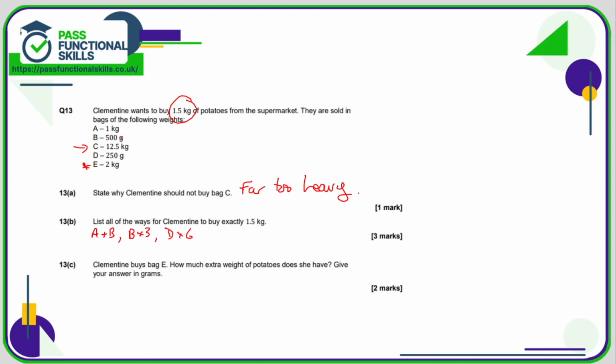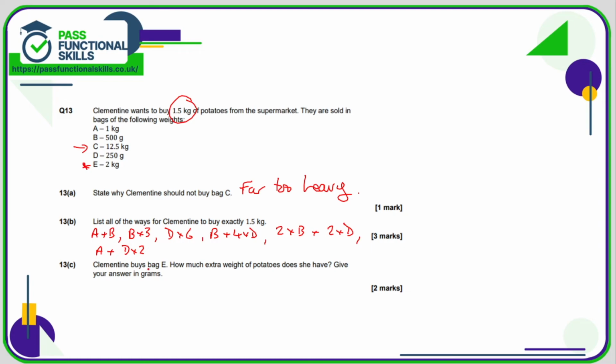She could buy 1B and 4 times D. She could buy 2 times B plus 2 times D. So we're just thinking of multiples of 250 and 500. She could also buy bag A plus 2 Ds, and I think that's all the options there, but there are quite a few options. It's quite an unusual question, that one.